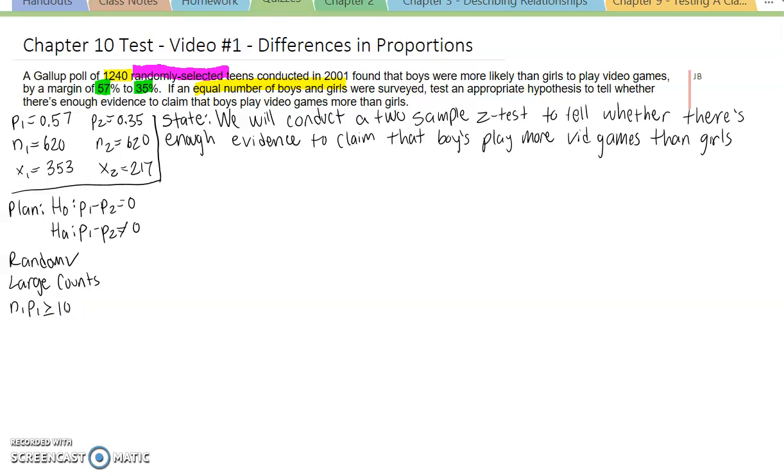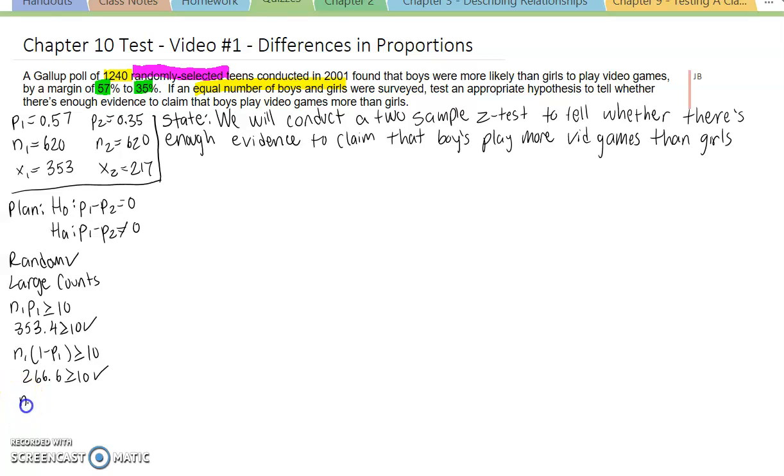And then I got 353.4 for that, which is greater than or equal to 10. And then we're going to do n1 times 1 minus p1 is greater than or equal to 10. And I got 266.6 for that, which is greater than or equal to 10.